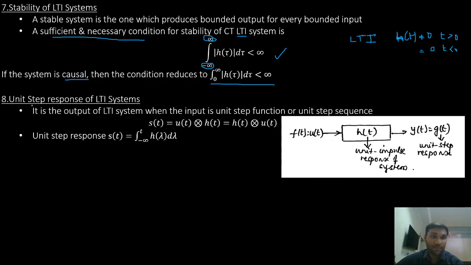Then finally we have unit step response of LTI system. If you remember, we have discussed the impulse response of LTI system. What is impulse response of LTI system? For an LTI system, if the input is an impulse function, then the corresponding output is called impulse response.